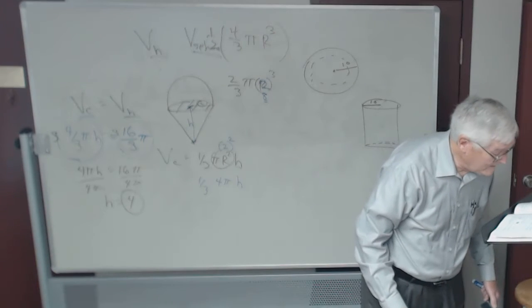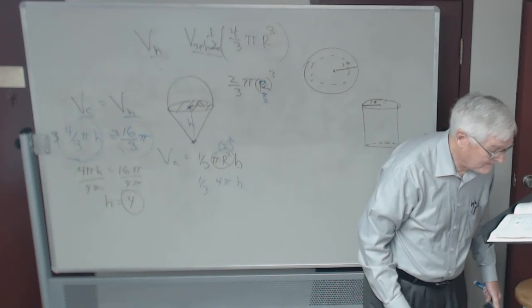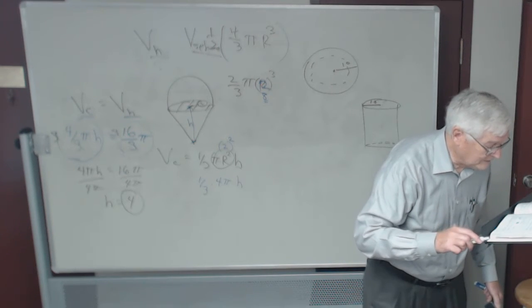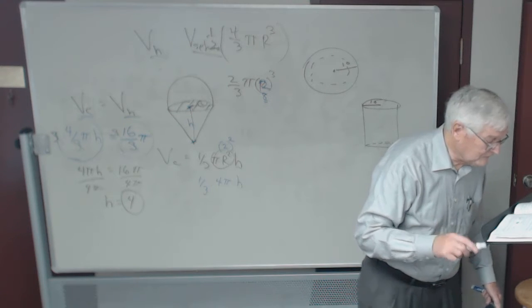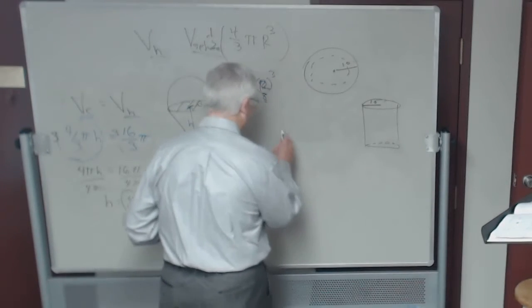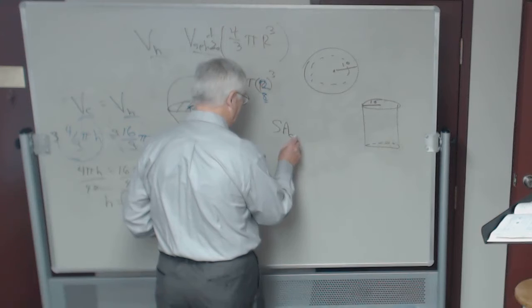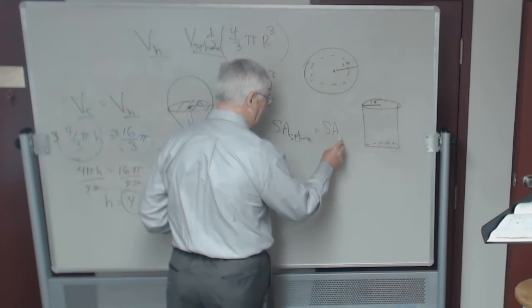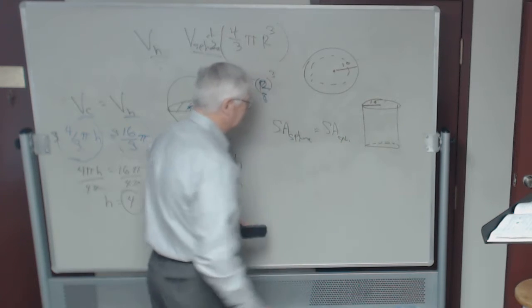And what else does it say? The total surface area of the cylinder equals the surface area of the sphere. So the surface area of the sphere equals the surface area of the cylinder.